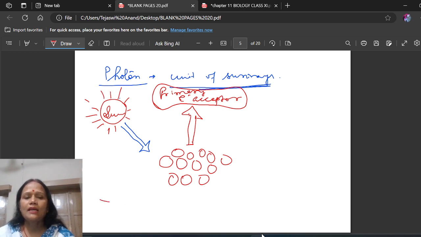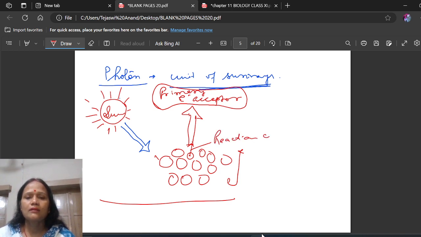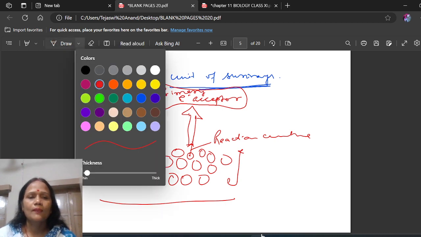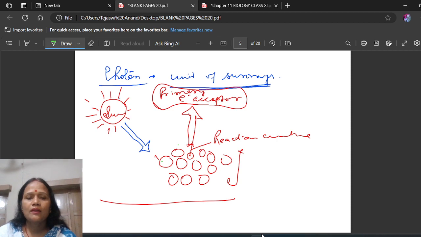So this is the light harvesting complex. This photon, this is called the reaction center. The first, this ray will be called as reaction center. So first of all, light will be taken like in this way. If it is taken in this way, then it is transferred to another and another, and then it comes to this place.